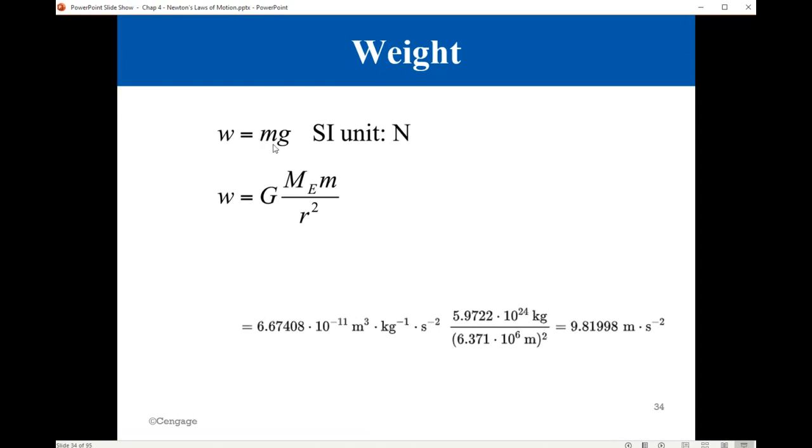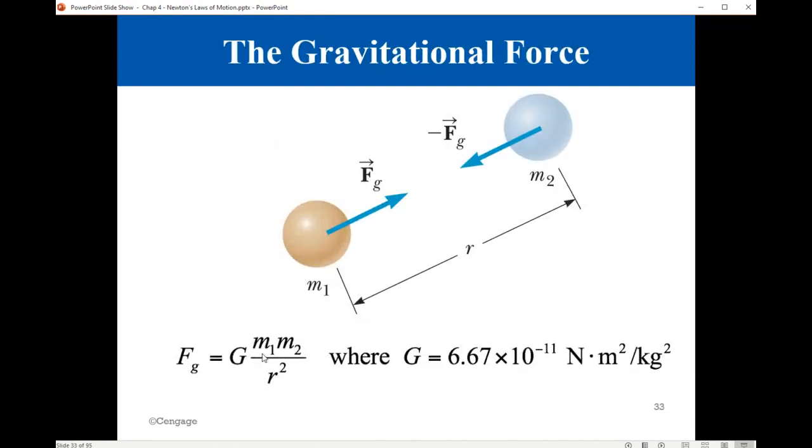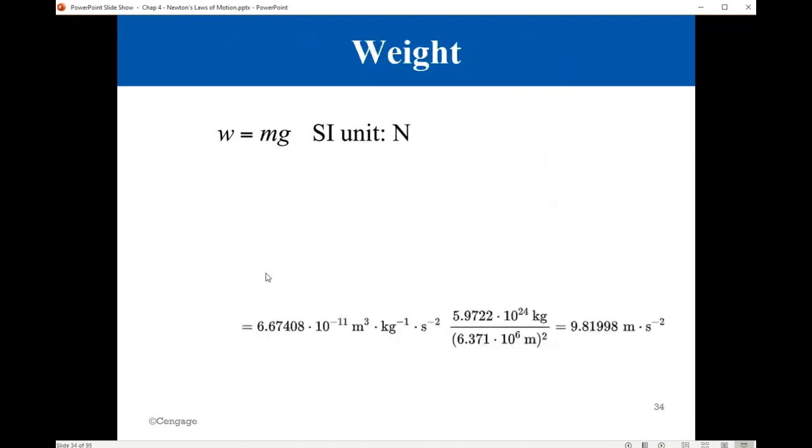One other way to write the same equation, when we apply the law of gravitation, uses the mass of the object, the mass of Earth, and the radius of Earth that separates the person or the object from the center of Earth. So we write the weight either as mg or as G times mass of Earth multiplied by mass of object divided by r squared.